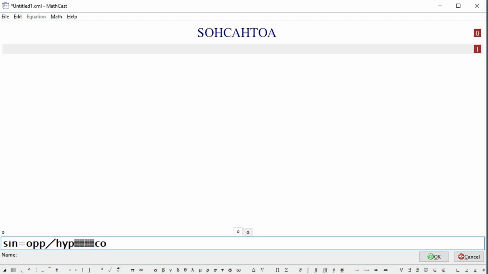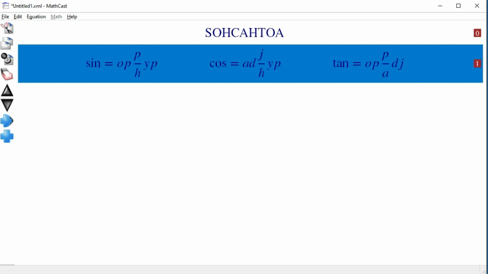Then we have cos equals adjacent over hypotenuse, and a couple more spaces, and then tan equals opposite, op, space, op, divided by adj. How's that look?